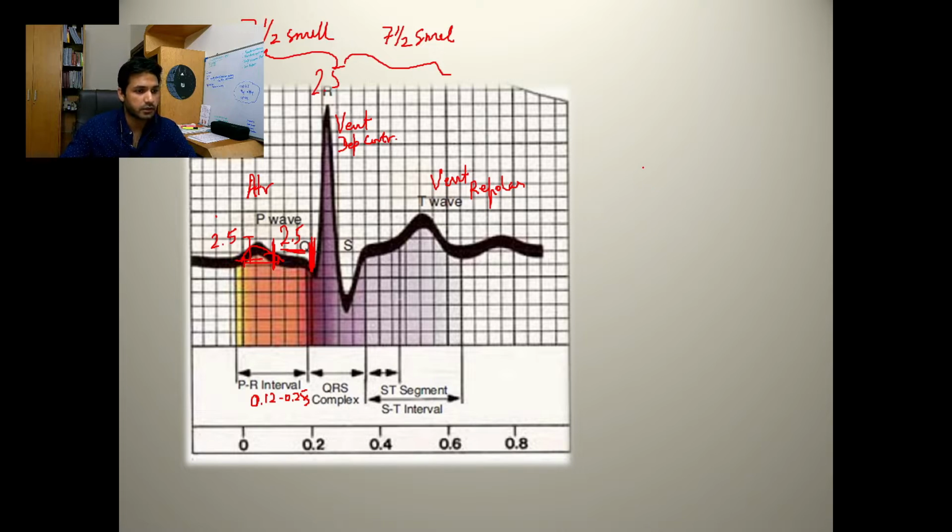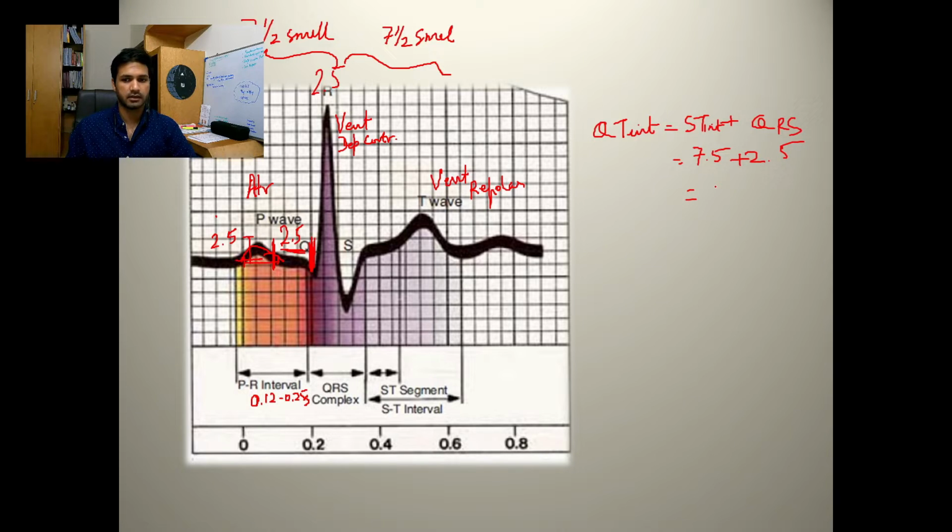One other thing that you might like to know is the QT interval. Now the QT interval includes the ST interval plus the QRS. From here we know that the ST is 7.5 small boxes plus QRS is also 2.5 small boxes.